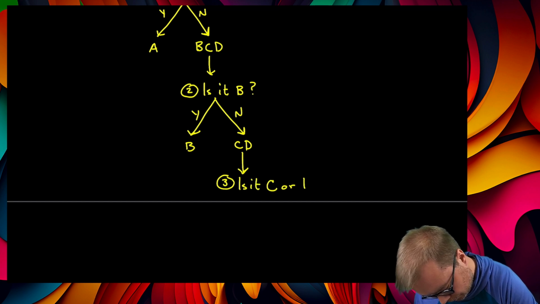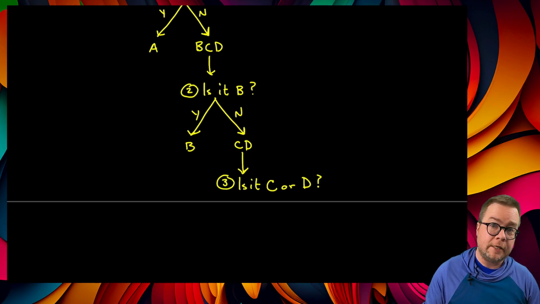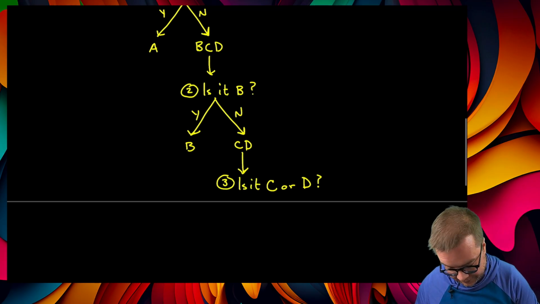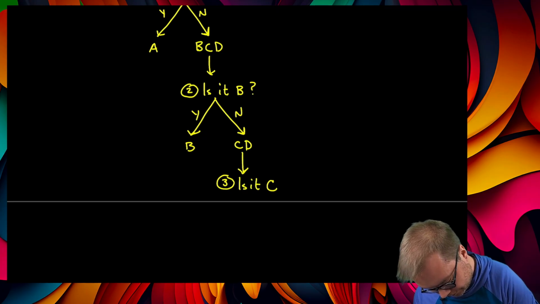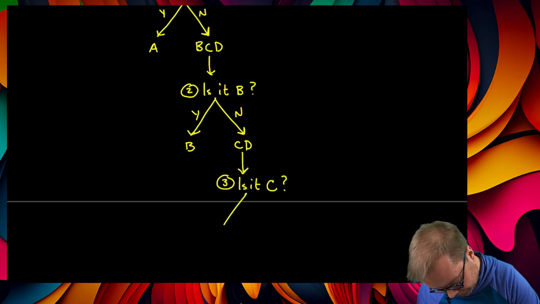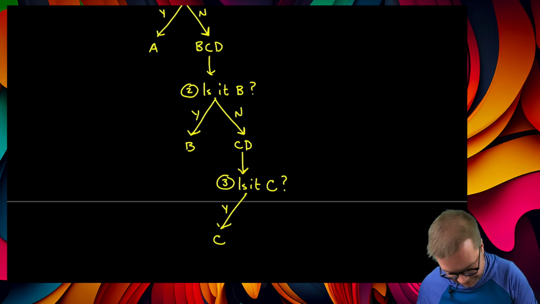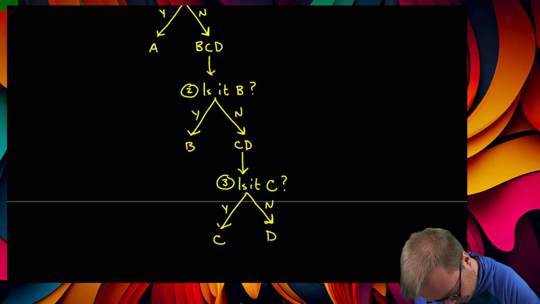We're going to only ask one of those questions. And let's just say that we're going to just focus on is it C, just to make this a little cleaner. Okay, so the question we're asking is, is it C? And if the answer to that is yes, then obviously that letter must be C. And if the answer is no, then we know that that letter was D.